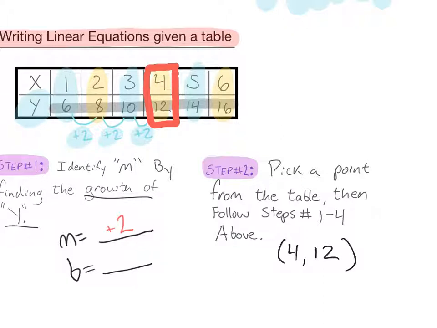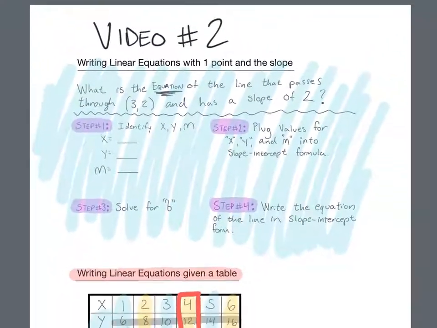And then, you guys should be familiar with this after the practice problems, but it says follow steps 1 through 4 above. When I say above, I'm talking about up here.